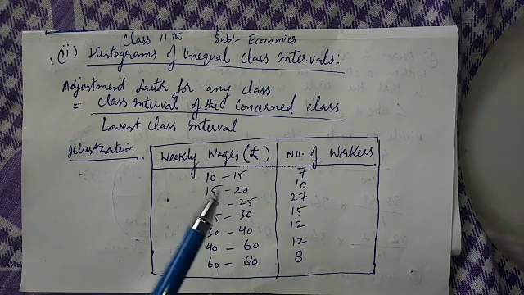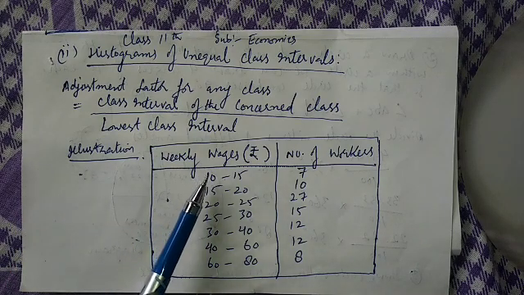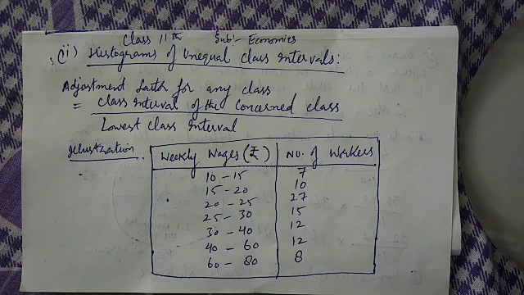Now for illustration, present the following data in the form of a histogram. You see, in this frequency distribution, the minimum class interval is 5, and 15 to 20 is 5. The other class intervals are 10 and 20.